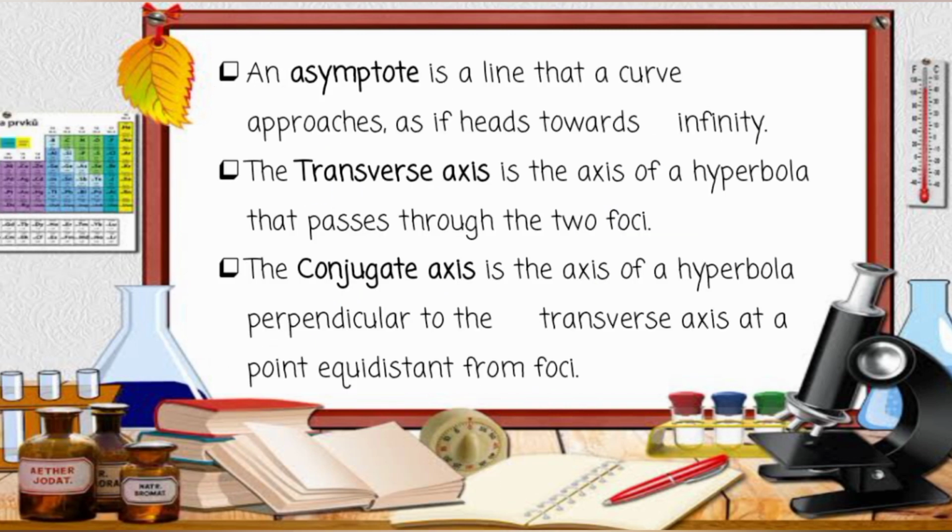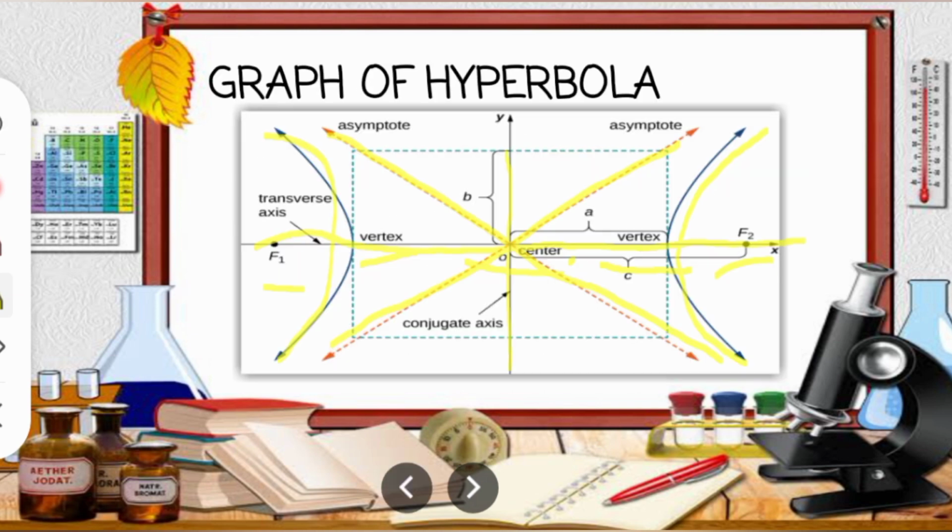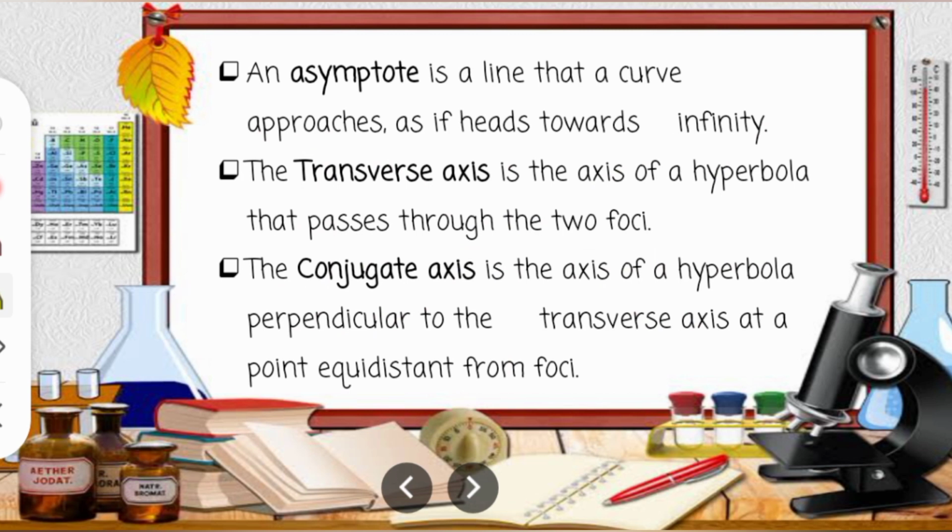An asymptote is a line that a curve approaches as it heads towards infinity. So this one is our asymptote. The transverse axis is the axis of the hyperbola that passes through the two foci.